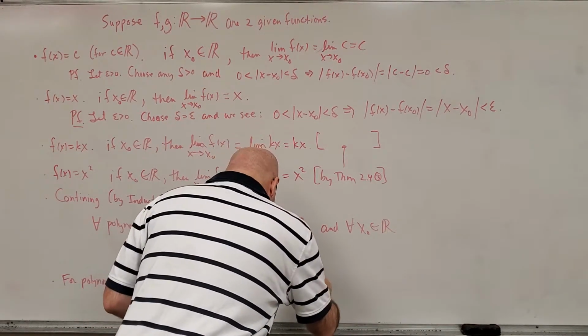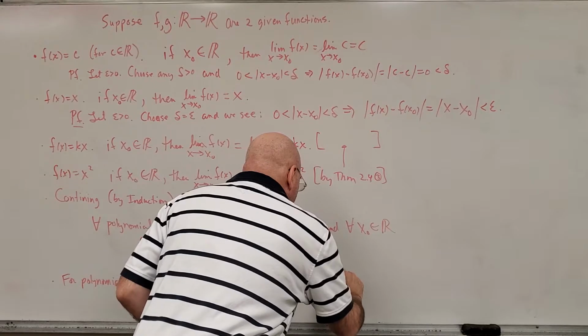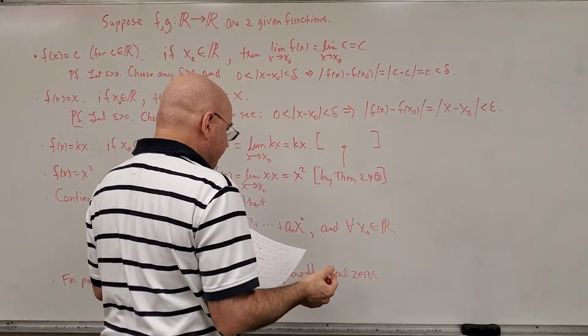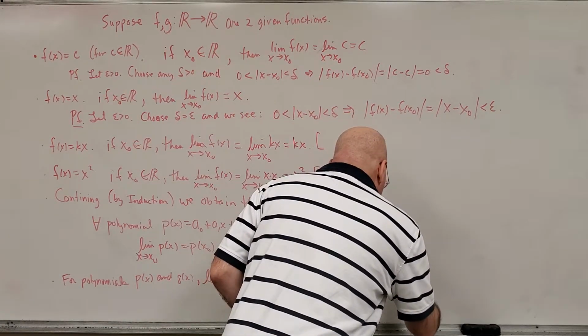Be the real zeros or roots or x-intercepts if you graphed it of q of x.